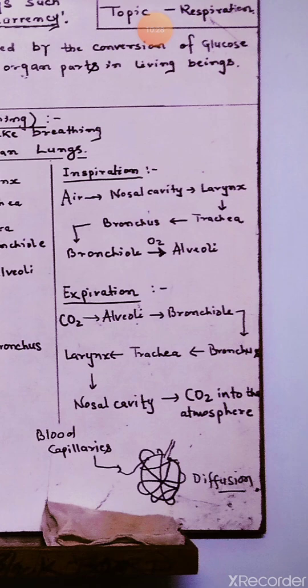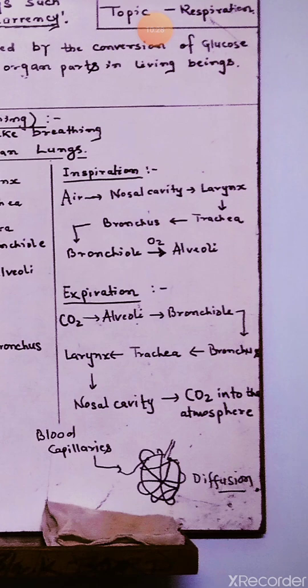And what is diffusion? Diffusion is the process of movement from a higher concentration region to a lower concentration region. So as I said, the concentration of O2 becomes so high after inspiration in the alveoli that it needs to travel into the blood vessels by the process of diffusion.